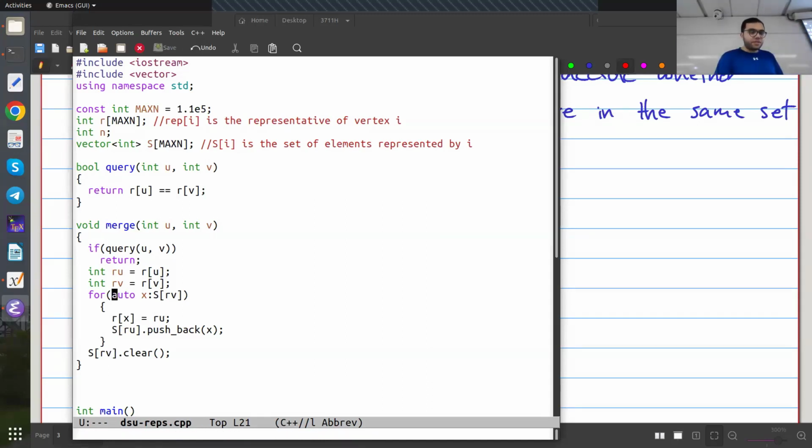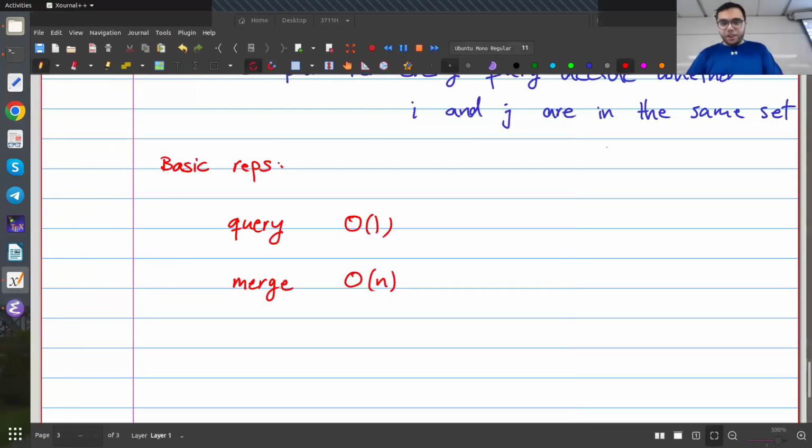So the runtime of this for loop is basically proportional to the number of elements for whom I'm changing the representative. So I want to change the representative of as few elements as possible. So I want to merge the smaller set into the larger set. So that's the rule that I'm going to use. And this is basically all of this session. Always merge the smaller one into the larger one.